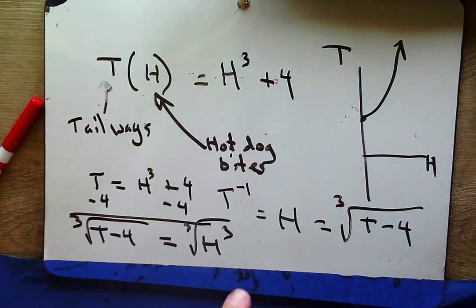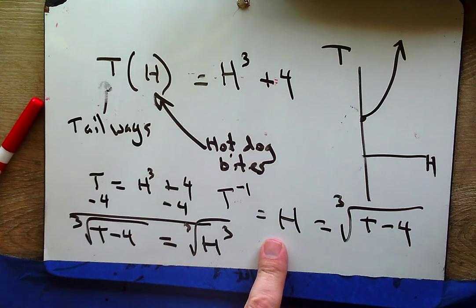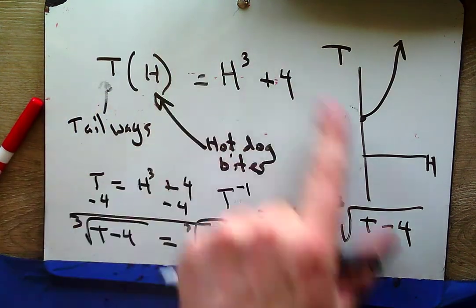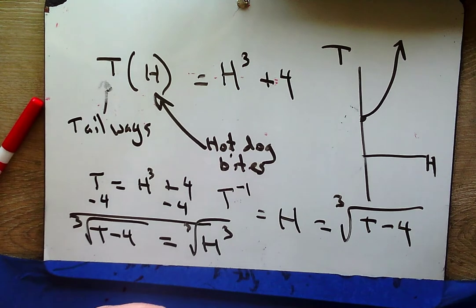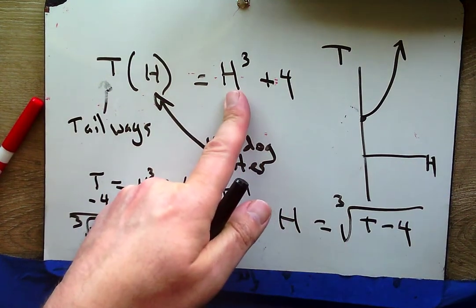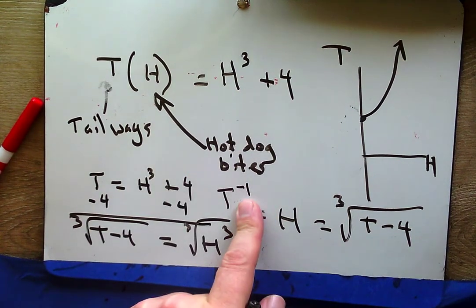So for the inverse function, I should be plugging in tail wags and getting out hot dog bites. And that makes sense in my brain. Because these letters have meaning to them, many students get confused when making an inverse in a word problem situation. So instead of going to the confused place, just solve for the other variable. I solved this one for h. That's my inverse. That's t inverse.